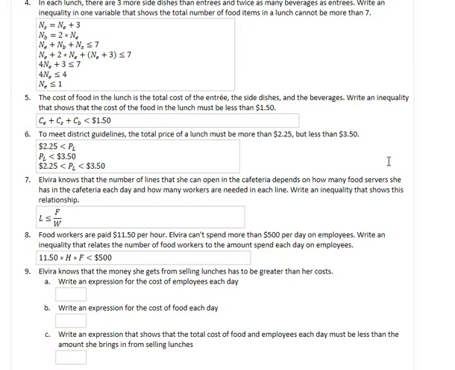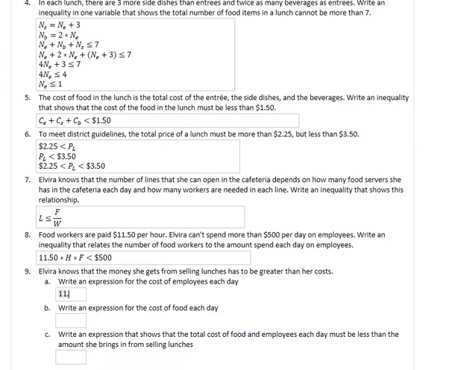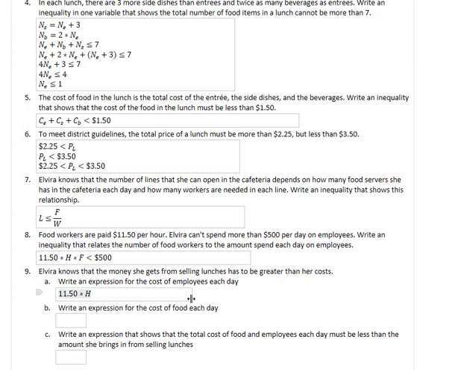Elvira knows that the money she gets from selling lunches has to be greater than her costs. The first thing it wants us to do is to write an expression for the cost of employees for each day. So we're actually going to pull that from what we had up above, because we're not going to put it on the inequality. They get paid $11.50 per hour, and then times the number of hours worked by one person, times the total number of servers that are in the cafeteria every day.